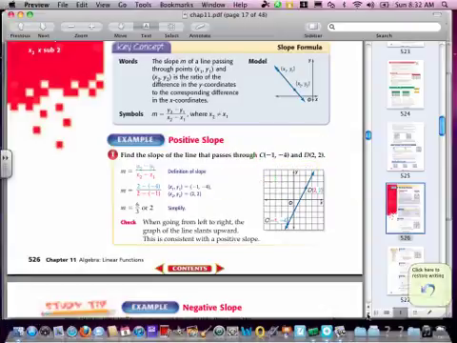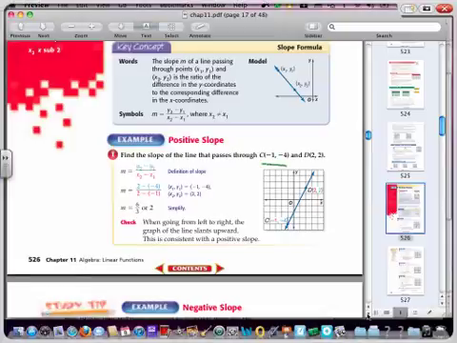Well, Alvin, would you like to explain this one for the kids? Sure, that'd be great. I'd love to do that. Okay, so here's what we're going to do. We're going to take these numbers right here and call that first one x1, y1. The second one we'll call x2, y2. And what we want to do is take y2 minus y1.